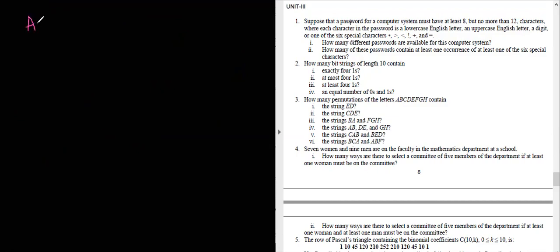So our letters are A, B, C, D, E, F, G, H. The question is how many permutations of these letters contain the string ED. So we have to consider ED in this way only. We will keep it as one letter only.